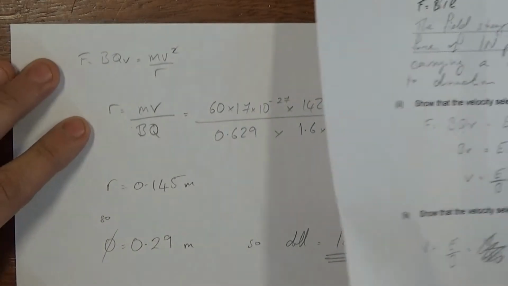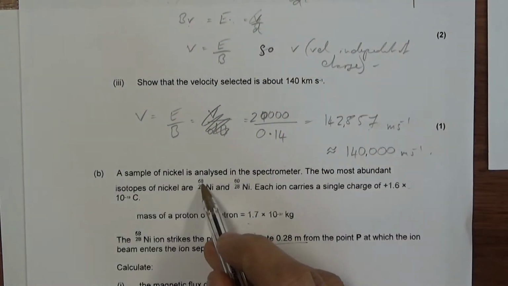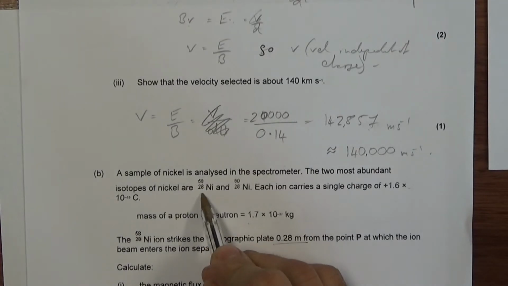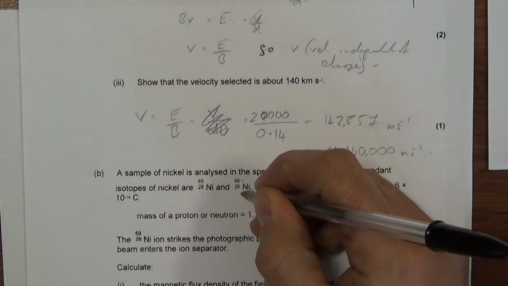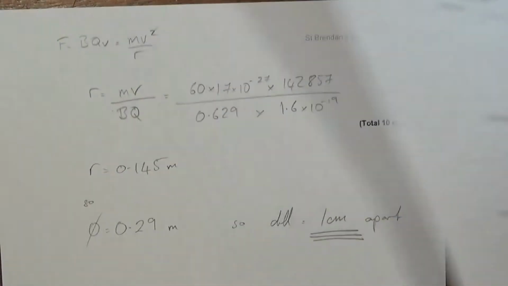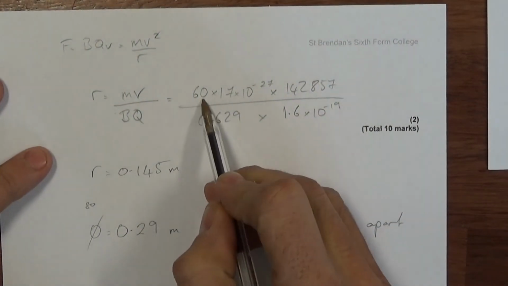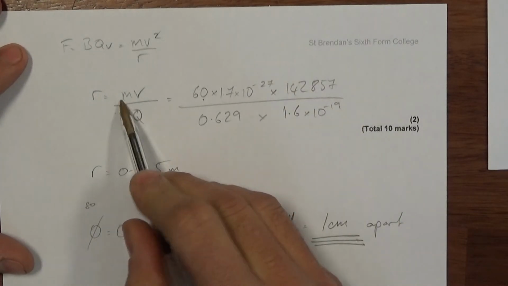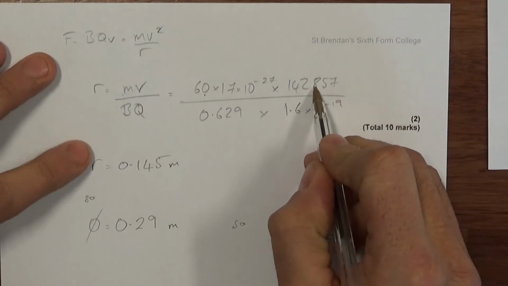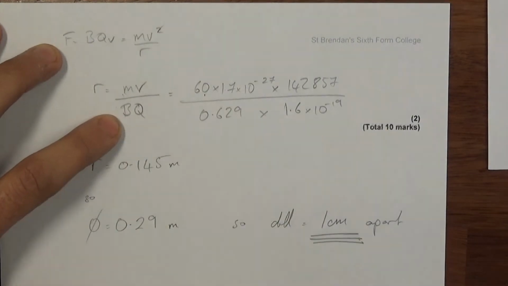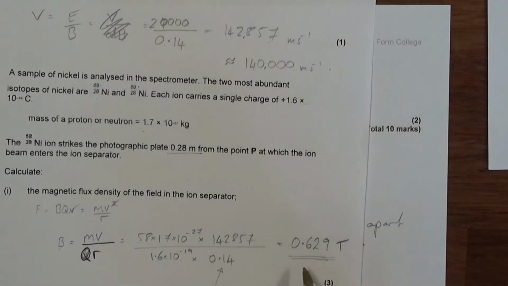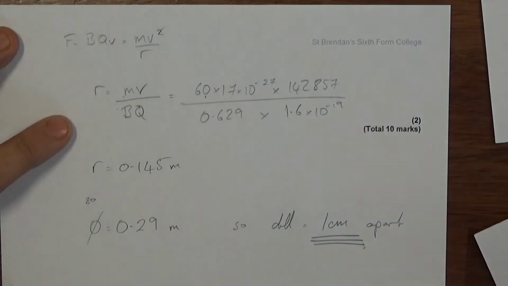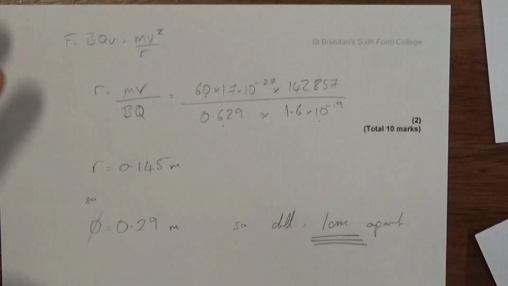And the new mass, okay, the first one it asked us about was the 58 nickel. Now it wants to know the separation between that and the 60. So we put in a different mass, which is 60 times 1.7 times 10 to the minus 27. Sticking with the same velocity as before, and the magnetic field strength that we've just calculated, we can plug that in, and the charge remains the same.